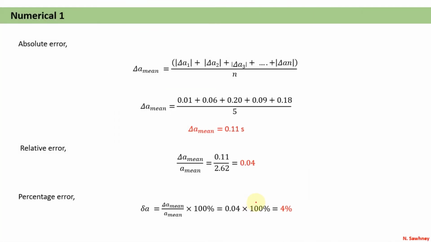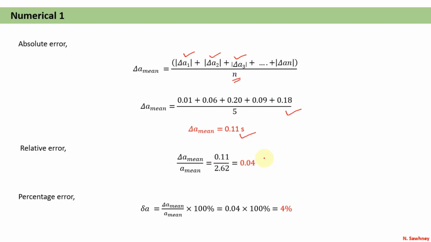Now, in order to calculate the absolute error, I have to find the mean of all these individual errors by considering them all as positive, divided by the number of observations. So this will be the equation when I put all the values. So the absolute error will be equal to 0.11 second.